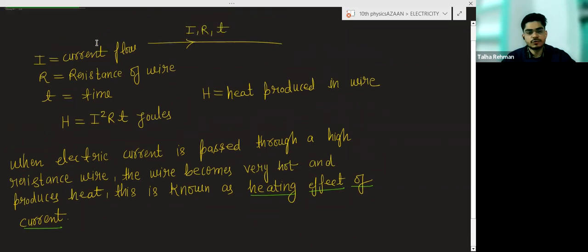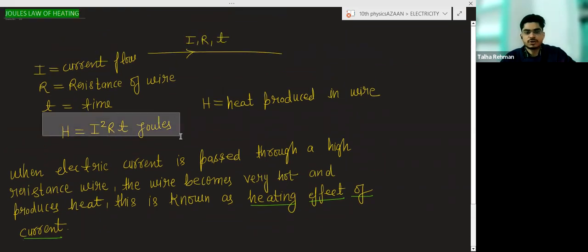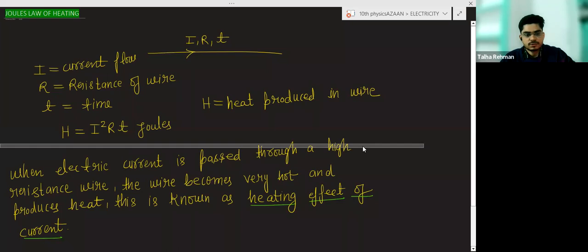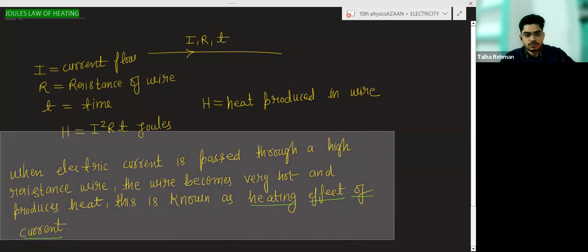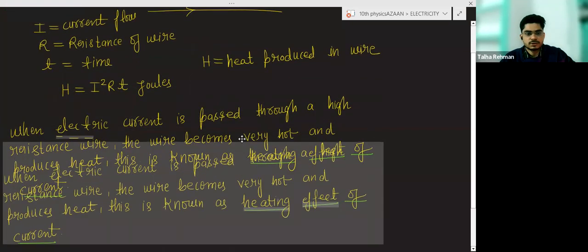If someone is asking what is Joule's law, then you will say H is equal to I square RT. If someone is asking what is Joule's law of heating, then you will give this statement.